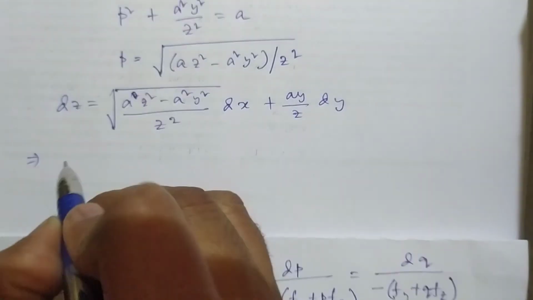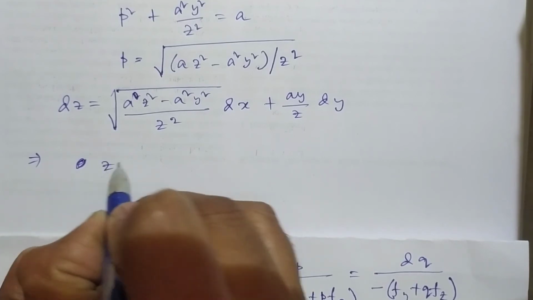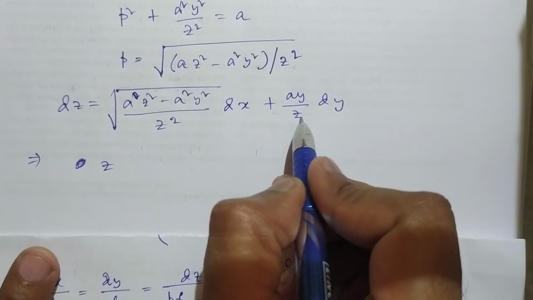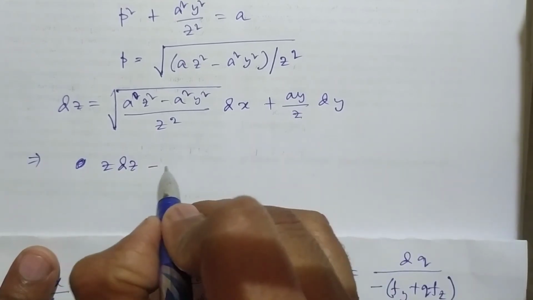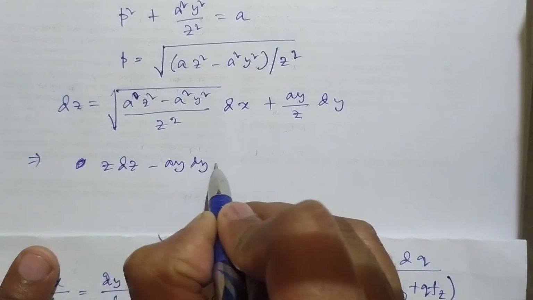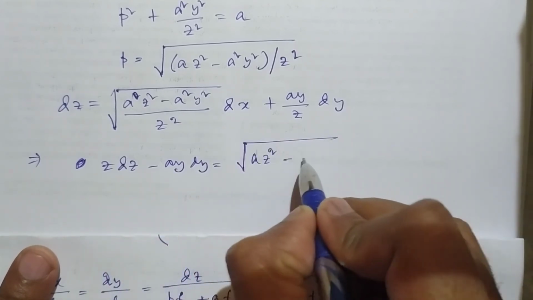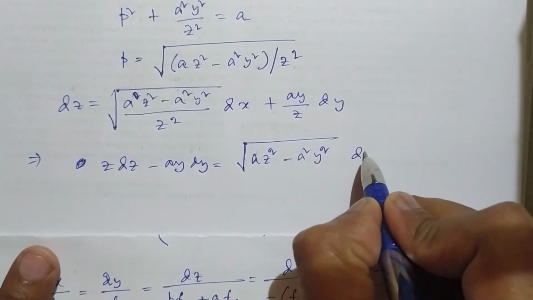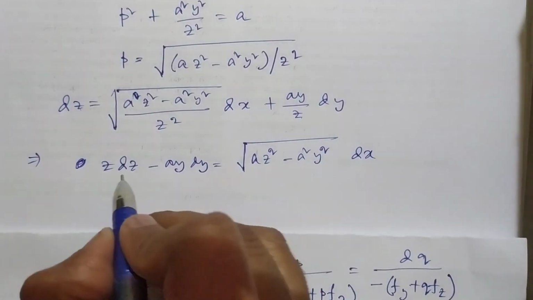From there you can easily see this can be written as, because this is 1 over z, we take that on this side, so z dz − ay dy is equal to √(az² − a²y²) dx. And now we can see what this is.